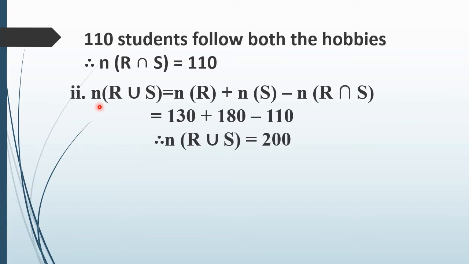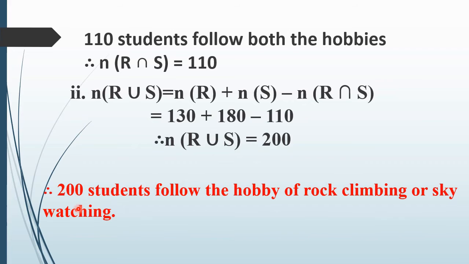Second, number of elements in R union S is equal to number of elements in set R plus number of elements in set S minus number of elements in R intersection S. So you can see here 130 plus 180 minus 110. Therefore, number of elements in R union S is equal to 200.